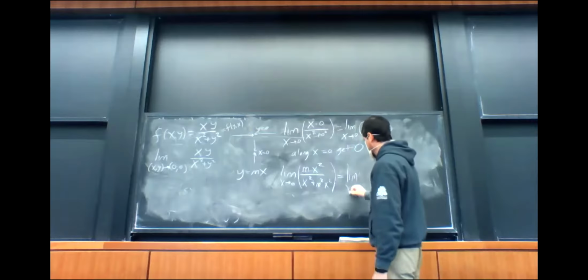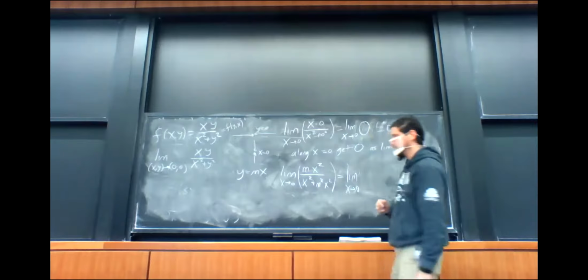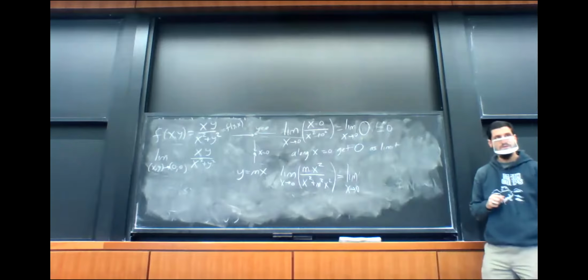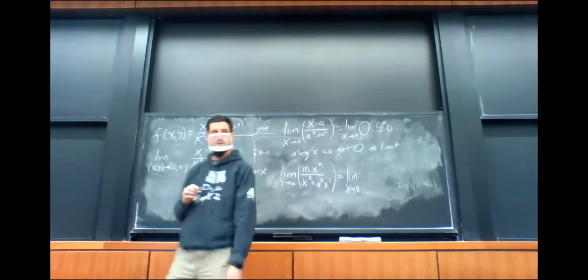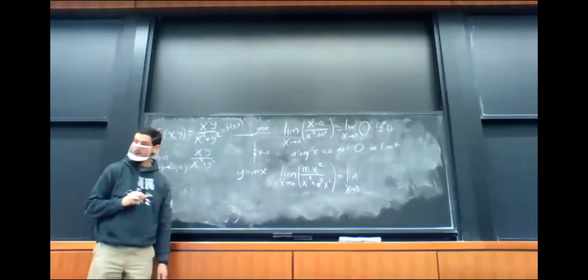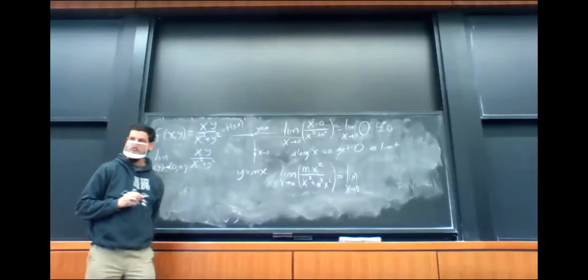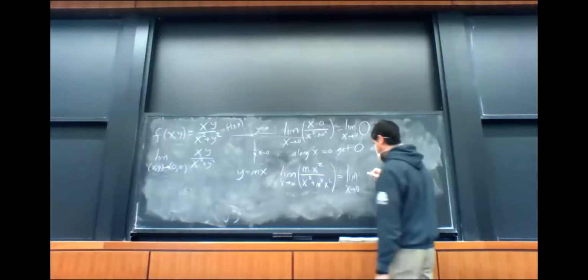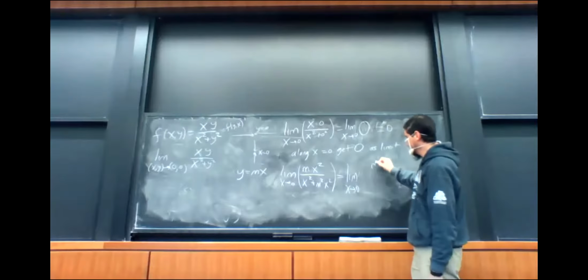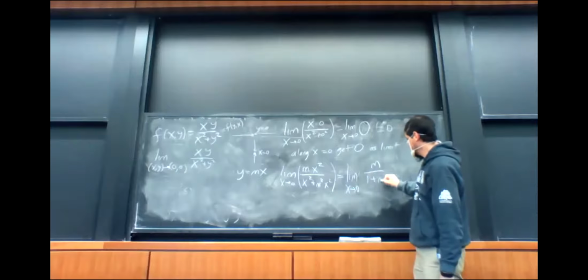What is the quantity in parentheses? You've got m x squared up top and x squared plus m squared x squared down below. The x squared cancels, so it's the limit of m over 1 plus m squared.